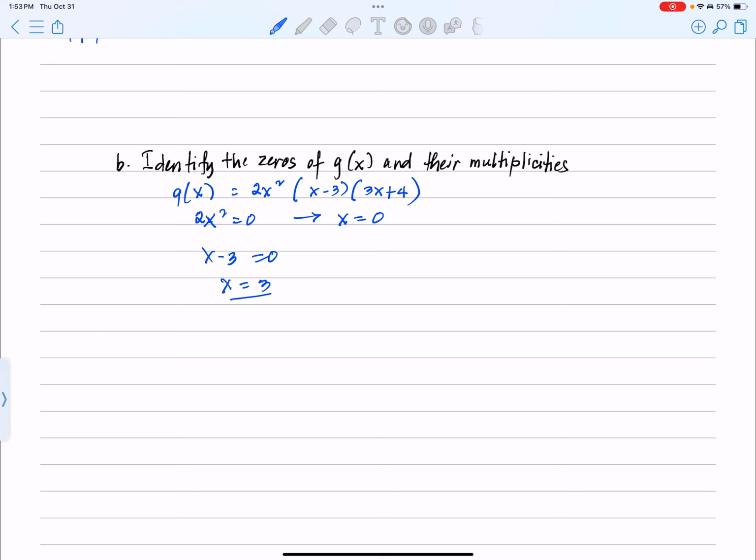This is the second one. And the third one, 3x plus 4 equals 0. So 3x equals negative 4. x would be negative 4 over 3. These are the zeros.